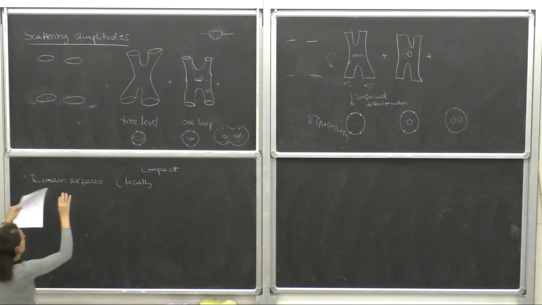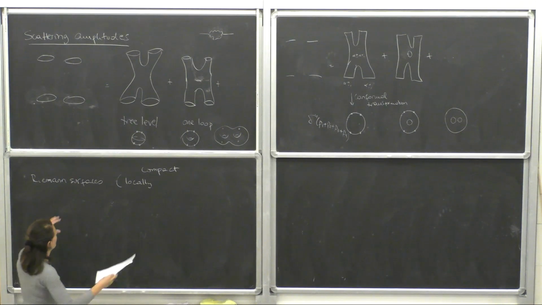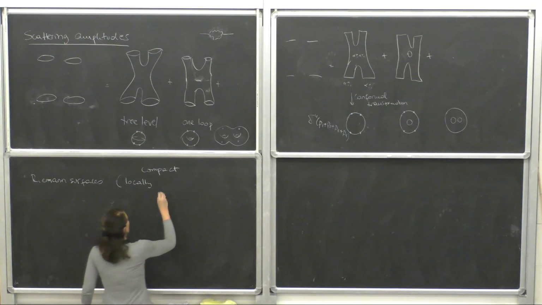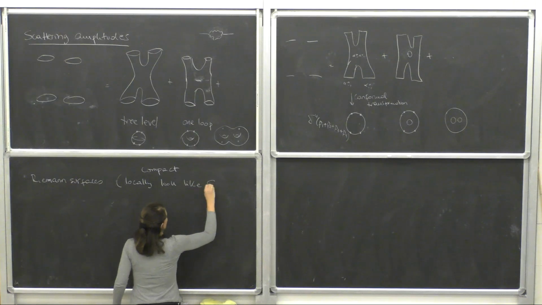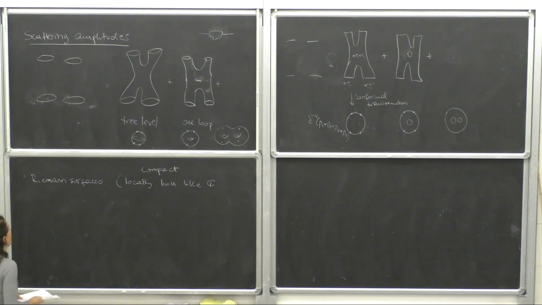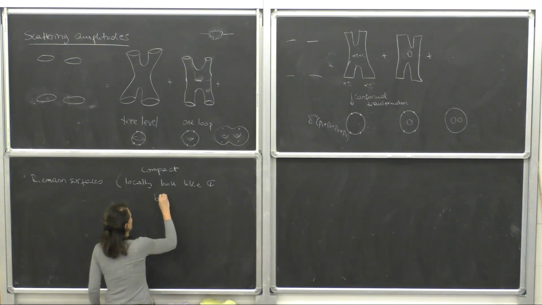Once you take these things to go to minus infinity and plus infinity, then this gets compact. And they locally look like C, like the complex plane, so one can write this in complex coordinates. But globally, they are very different.